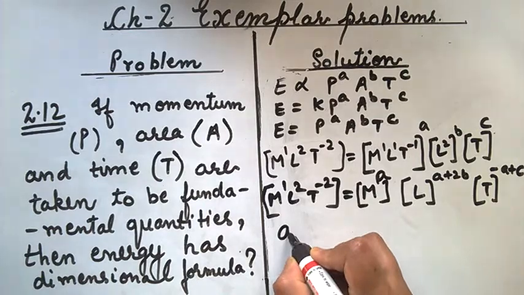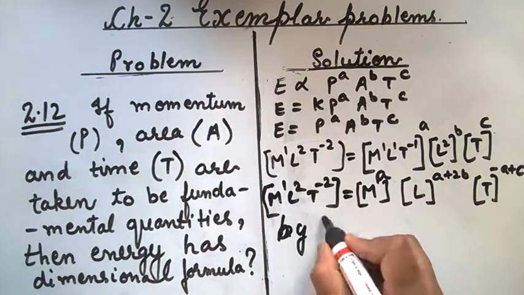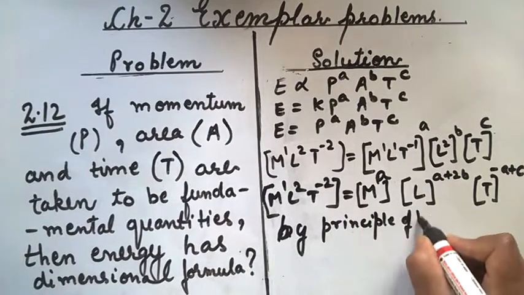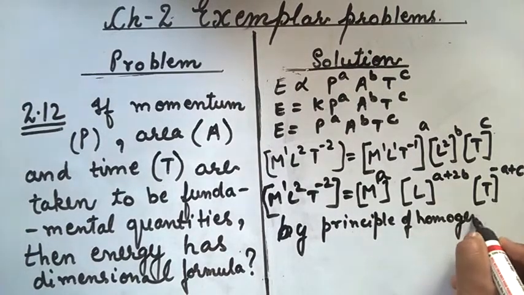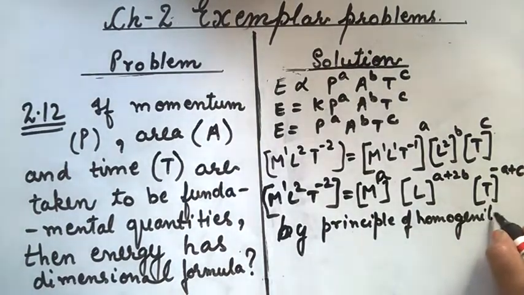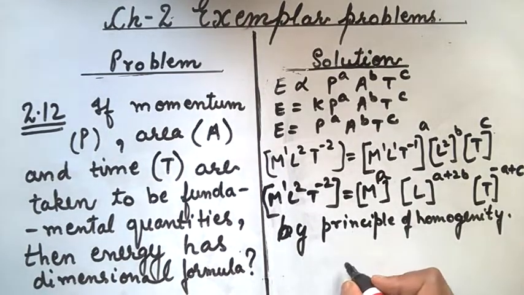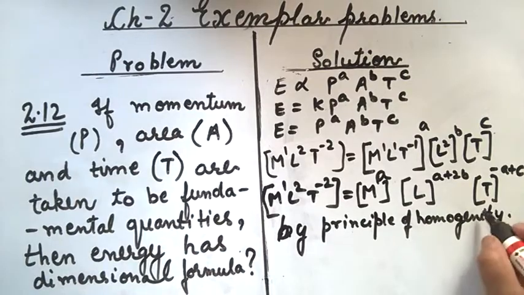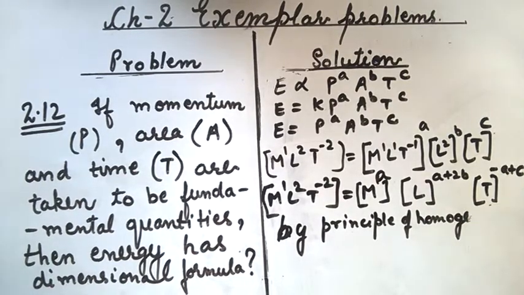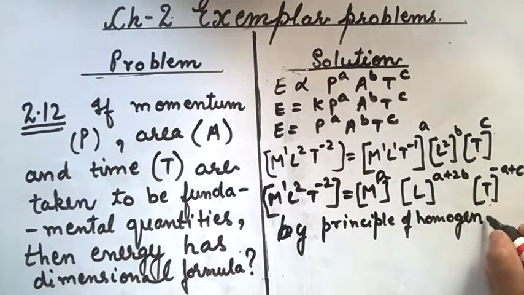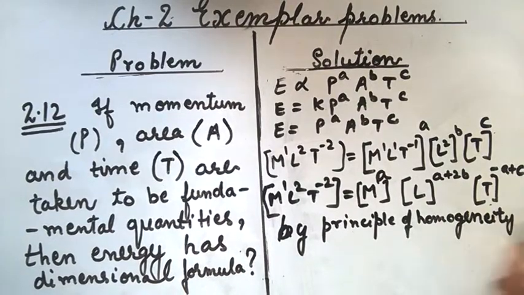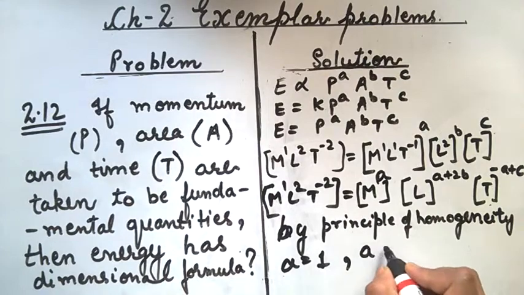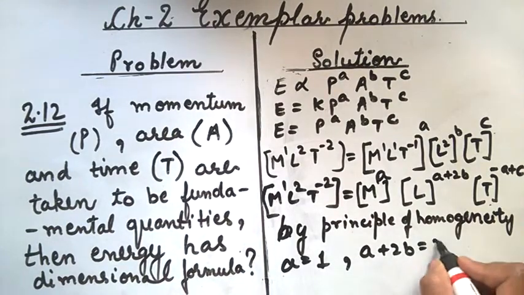By the principle of homogeneity, A is equal to 1 and A plus 2B equals 2.